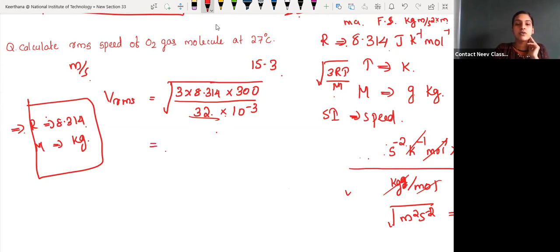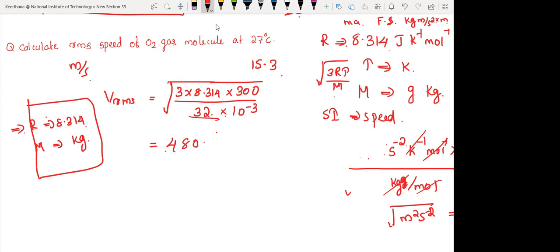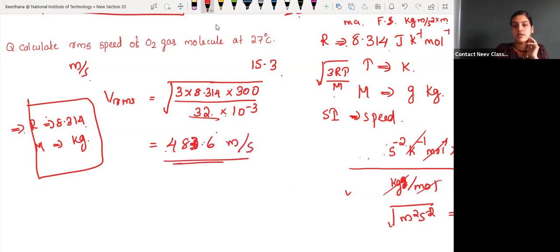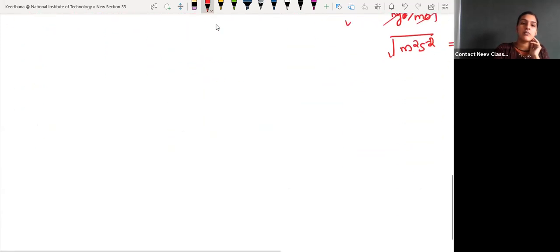That is a problem. You think, okay, I got the answer, and you will choose it, and it will be wrong. So the answer will be 483.6 meter per second. So R should be 8.314 and M should be in kilogram.